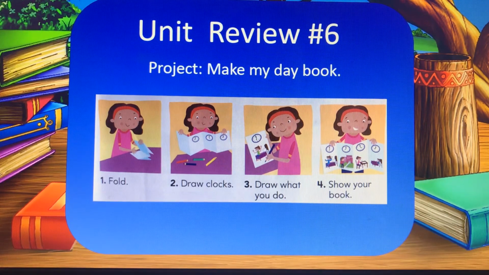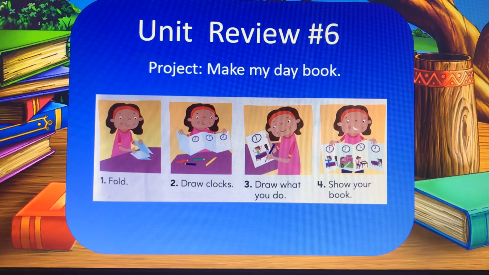So, the first step of this project is to grab a piece of paper and fold it 4 times. So that way you have 4 squares. Then, in each square, you will draw a clock. In each clock, you will put a time.